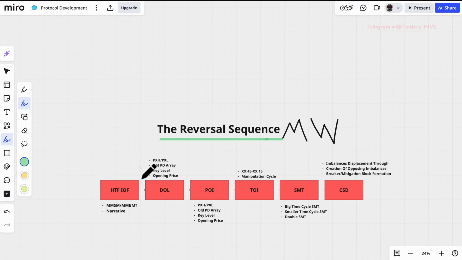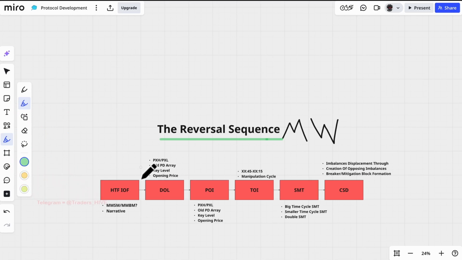Above the specific opening, you're going to be looking for shorting opportunities if price is range bound. And below that open, we are going to be looking for buying opportunities if price is range bound, or if we're going to trend where manipulation is taking place. Manipulation below the opening price forms a swing low, and then expands towards the upside.